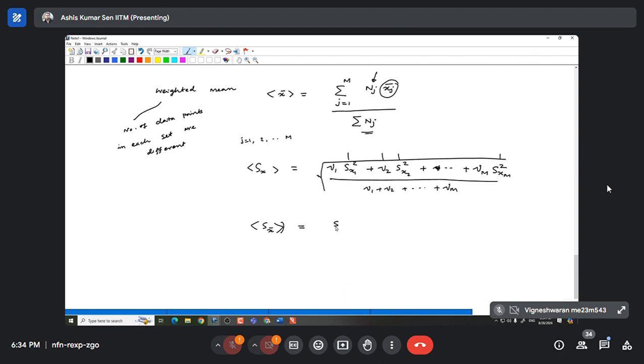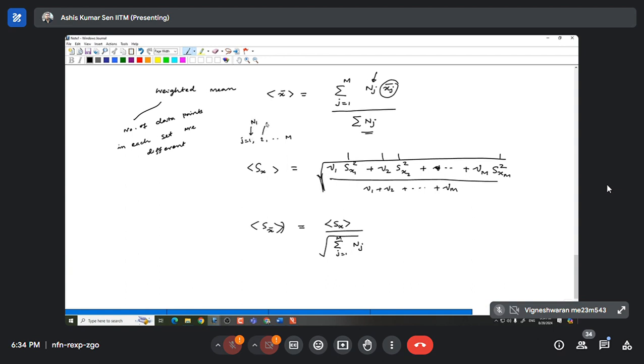Sir, the square root involves only the numerator or the denominator also? Both numerator and denominator. Okay, so this is when for each j your n is different.